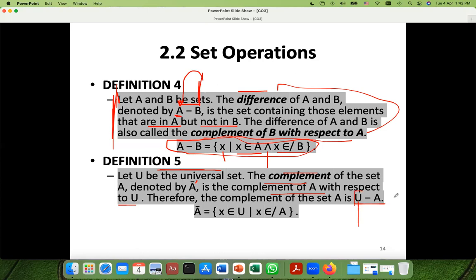This representation is the same as A minus B, but here we have U, the universal set, first. We have to remove the elements of A from this universal set, and whatever elements are left in U, that would be the result for A bar. Mathematically, you can write A bar as the set of elements x that belong to U and such that x does not belong to A.